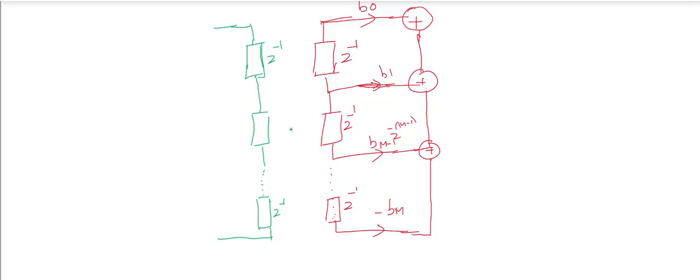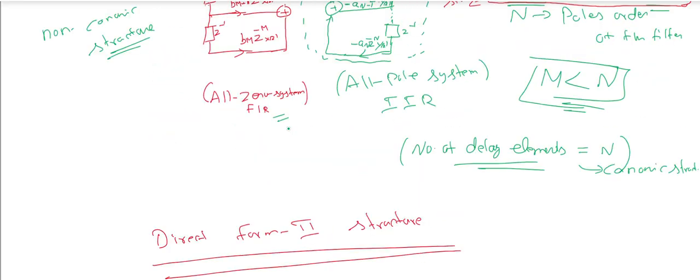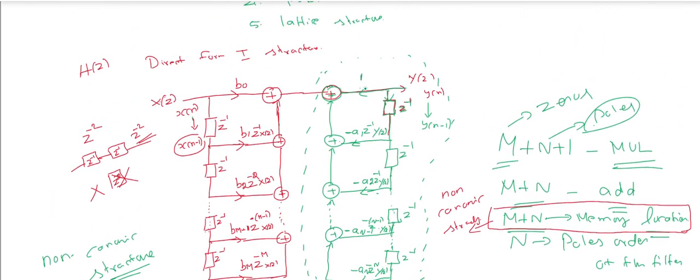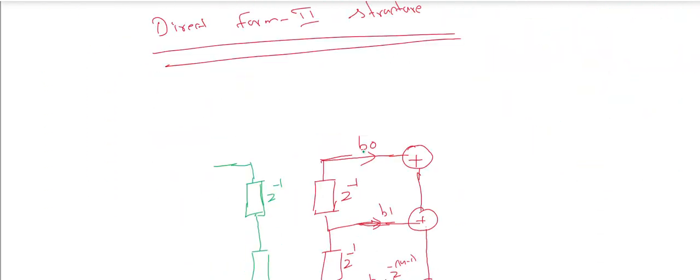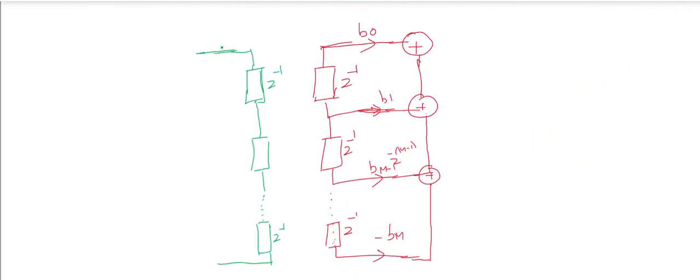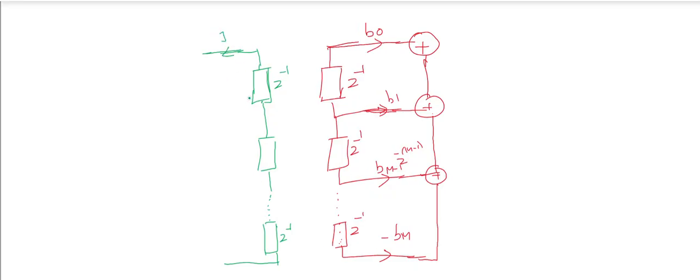What are the coefficients here? This one we are placing. First start with the 1, then minus A1 into Z inverse into X of Z. Then the coefficients are minus A n minus 1, up to minus An, and Bm.